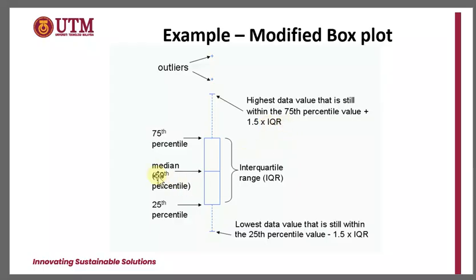This will be the median, Q3, and Q1. Median is Q2 actually. Any numbers above this tail are called outliers, and any numbers below this tail will also be outliers.